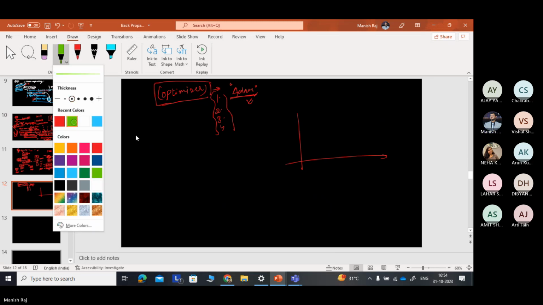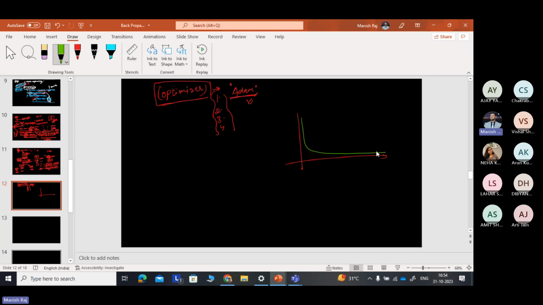Now I ask one more thing. If I am making some graph, I change it into colors. This is your training and this is your testing. This green color is your training loss, and this is your testing loss. I have given you this graph, so what is the prediction after seeing this type of graph? Sometimes most of the students who are doing research in your domain get graphs of this type.